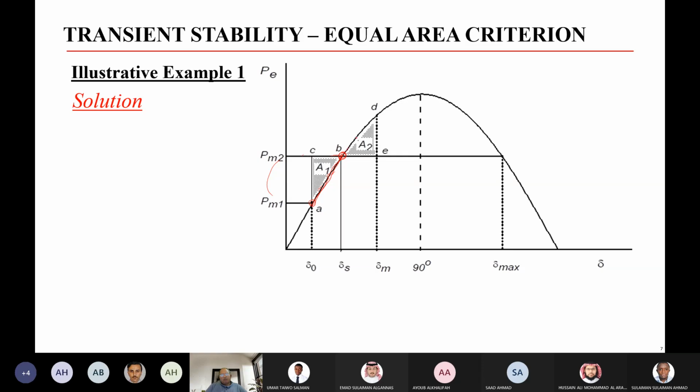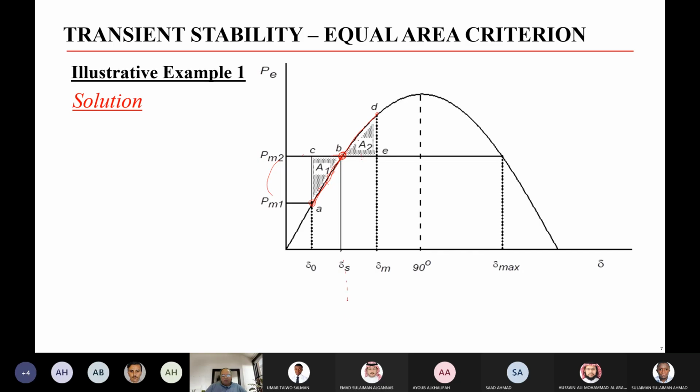Once it crosses this Pm2, we have Pelectrical greater than Pmechanical, so the system will start to decelerate, and assume that at this point it will reverse its direction back. Again, when it reaches this one, it will continue due to the inertia, and then we have acceleration, deceleration, acceleration, and so on.